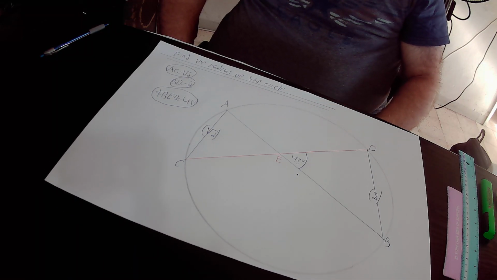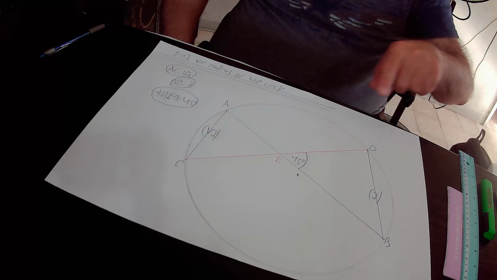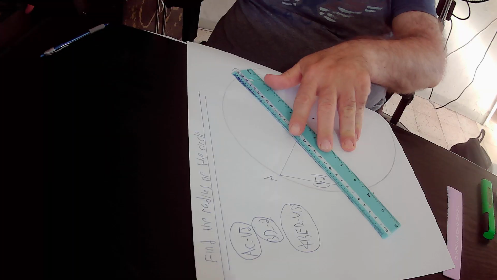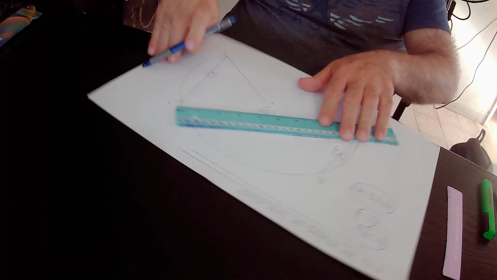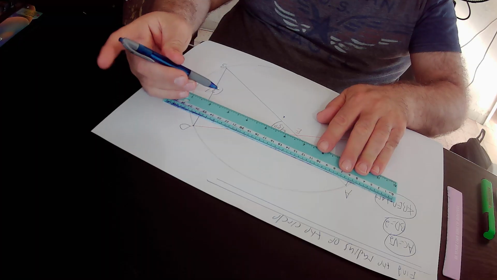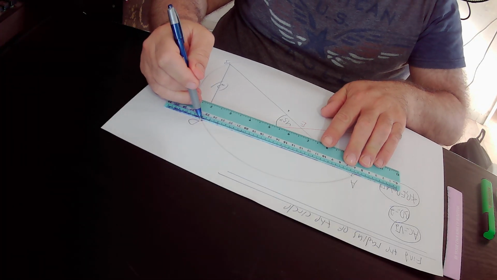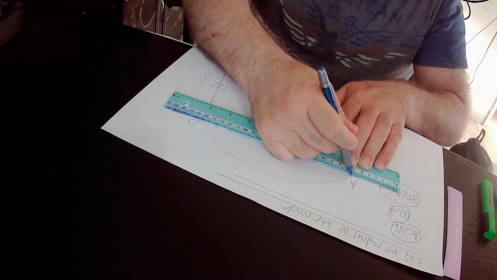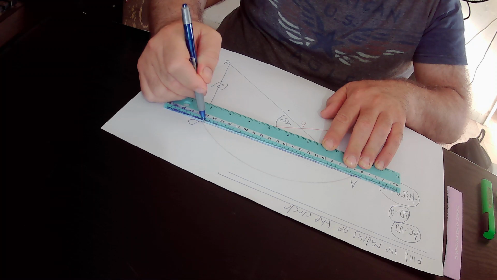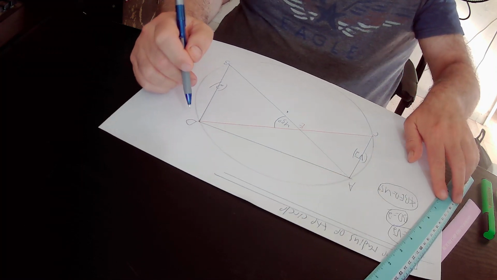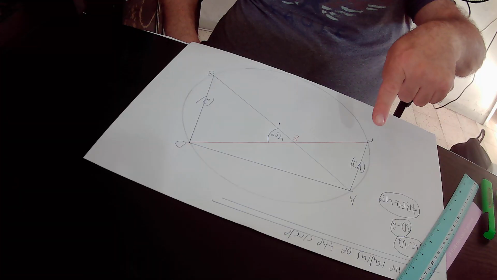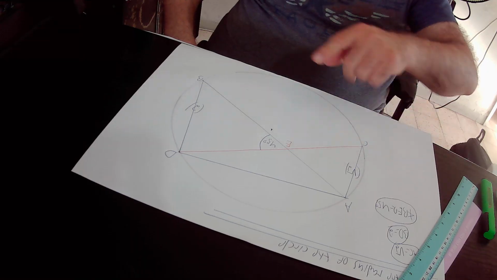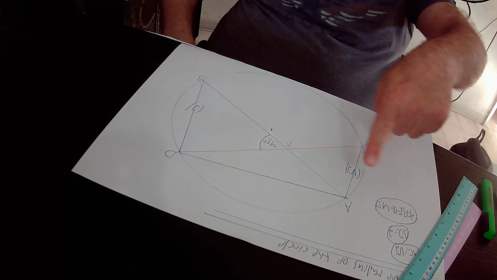So first of all, we will join points A and D together by a straight line. By joining points A and D, we create here triangle BAD.